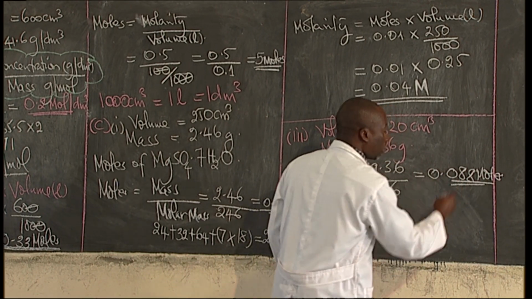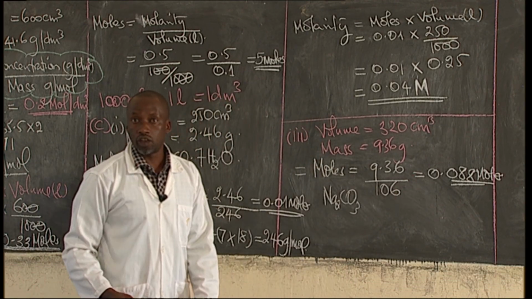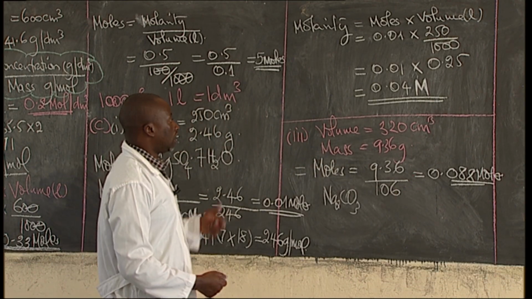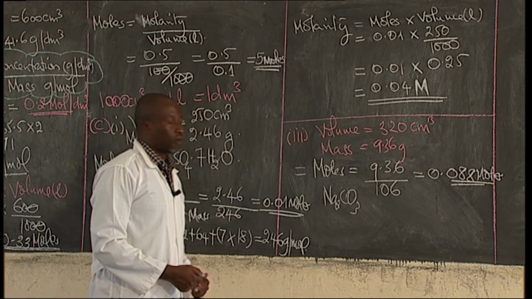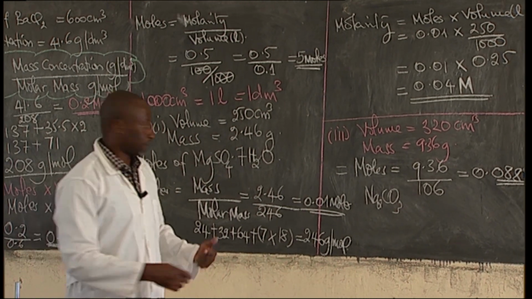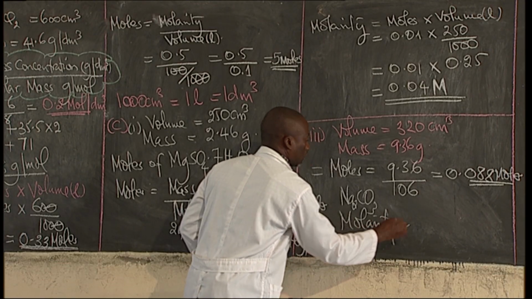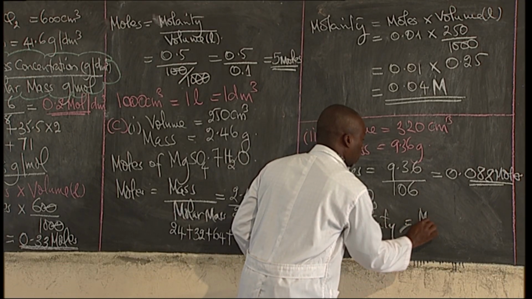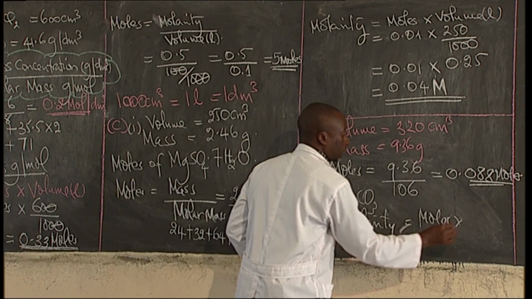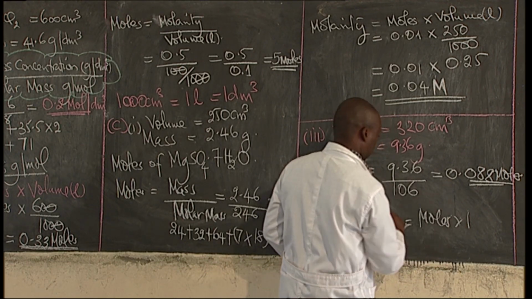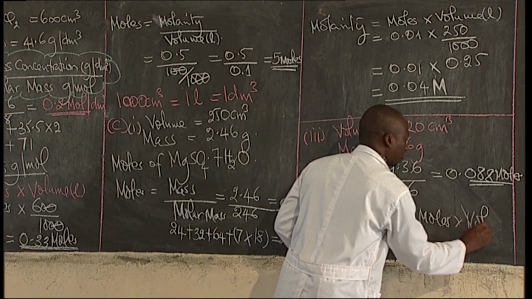After getting the number of moles, what are you looking for? Now you have the volume. We need the molarity. Molarity is equal to the number of moles over the volume.